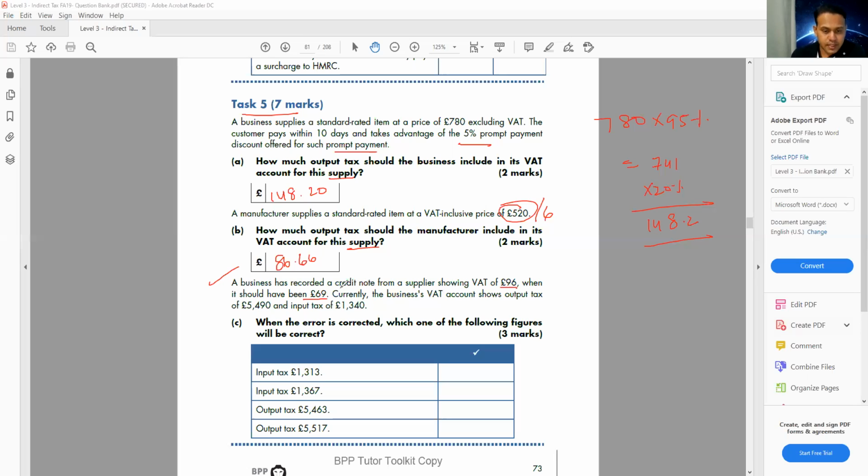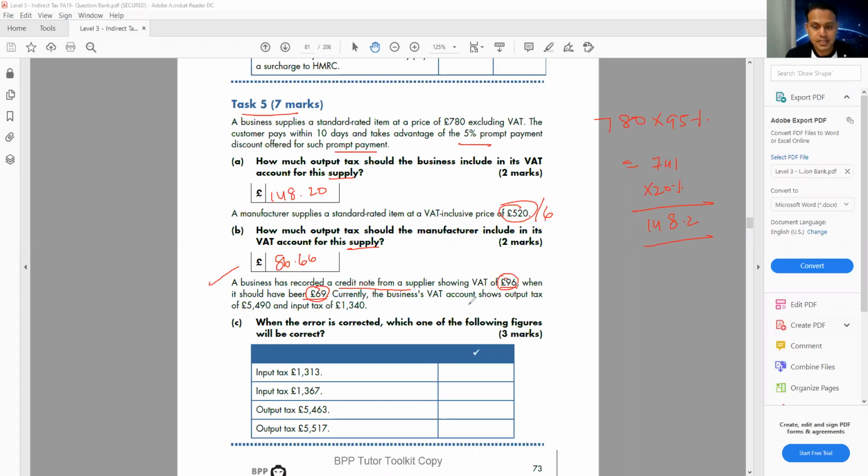It's a credit note from a supplier, which means I purchased. When I purchase, I pay VAT, so we claim this VAT, isn't it? So rather than claiming 69, I claimed 96. So I claimed more, isn't it?